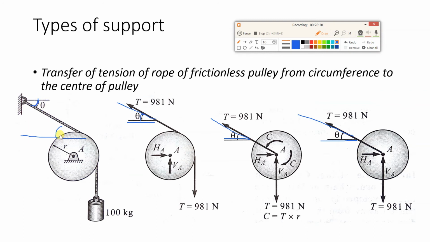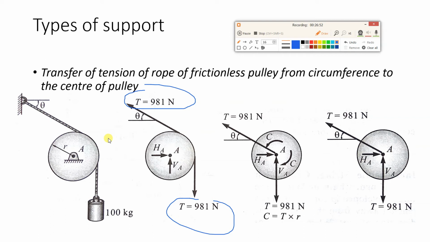Here the angle is theta and this is the alternate angle. From there we got this angle as theta. See what is done. Here you can see a frictionless pulley is there and a rope is there. So tension will act along the rope and away from the body. So I have shown here the same tension values, and both the tensions are acting in the direction of the rope.